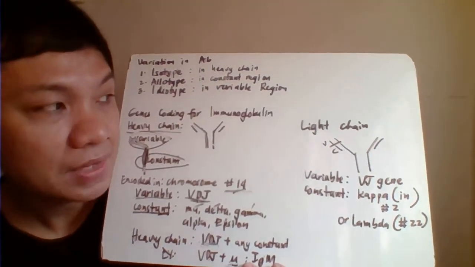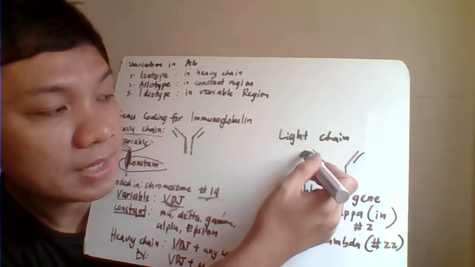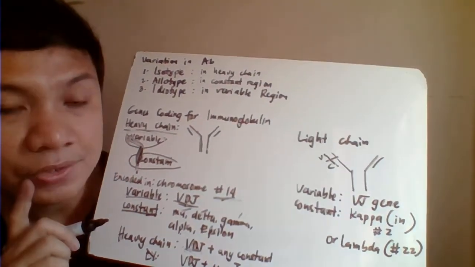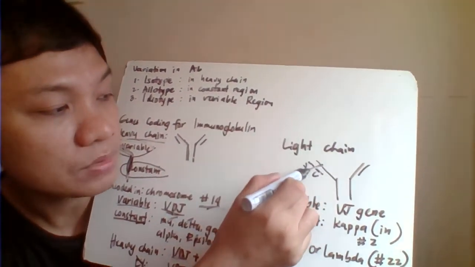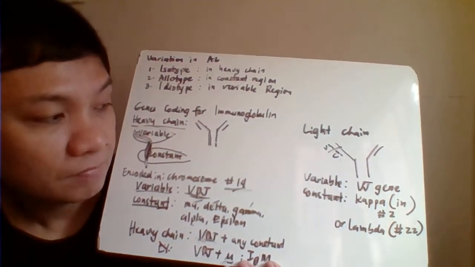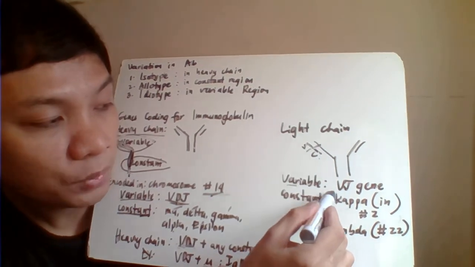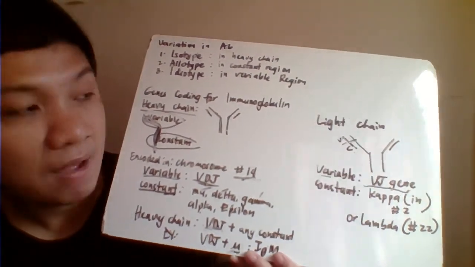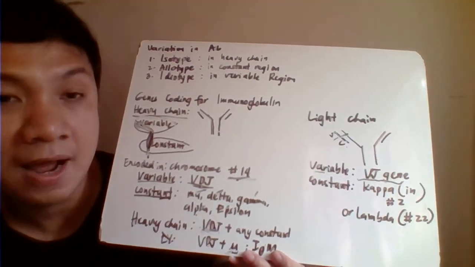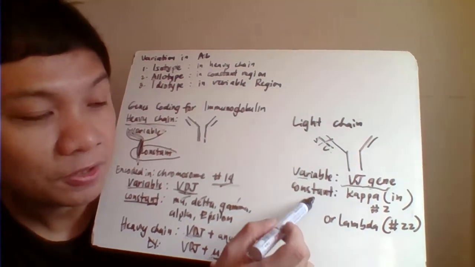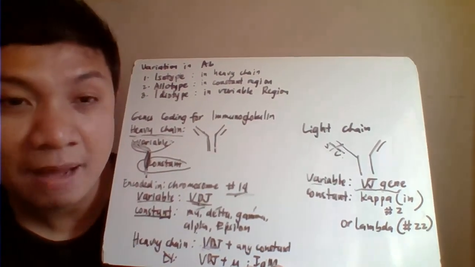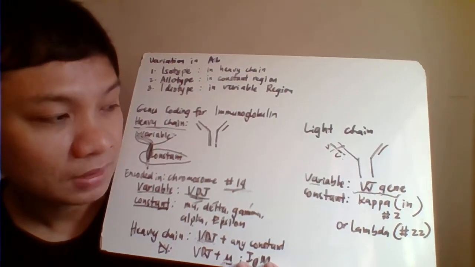Now for the light chain naman, your light chain is also divided into your variable region and we have also your constant region. The variable region of your light chain would contain VJ na gene lang. And the constant region could be a kappa or lambda. Mamimili lang siya doon.